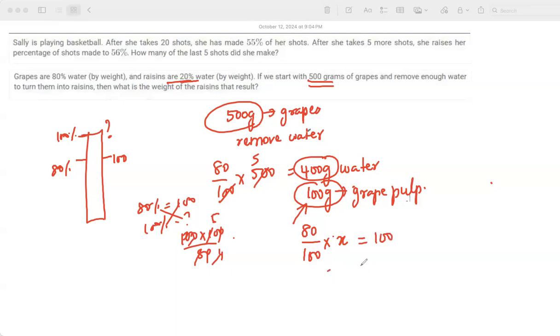Then what is 100 times 100 divided by 80? Correct only. 5 means 20. 100 grams, right? No, 400. It's 25, because 4 times 25 equals 100, not 4 times 20.